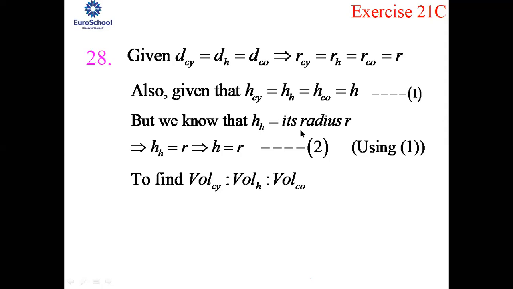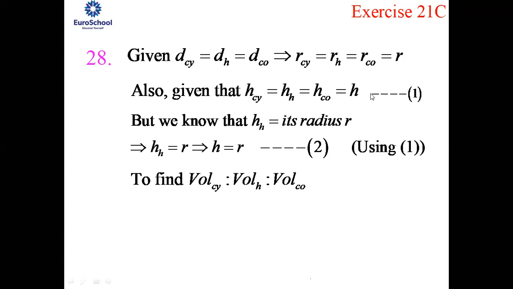When you consider a hemisphere, its height is equal to its radius r. So what can you say about the relation between h and r? They have got a common height, so that is equal to just height H itself.